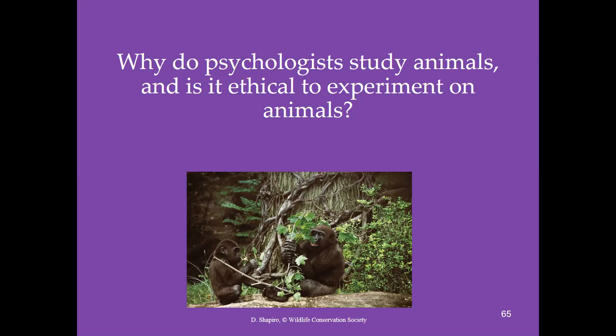Now, what about ethics in experiments with animals? A number of guidelines are in place to protect animals. So what about harm to the animal? In psychological experiments with animals, if there's any physical harm to the animal that would occur, the researcher has to justify that it's likely that that research is going to produce significant human benefit.